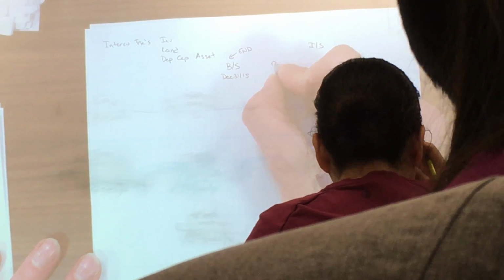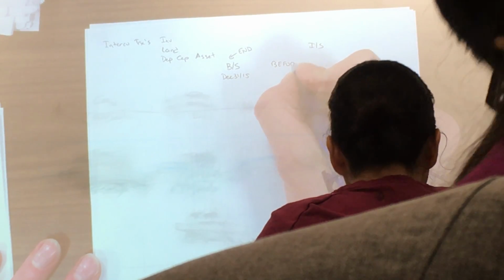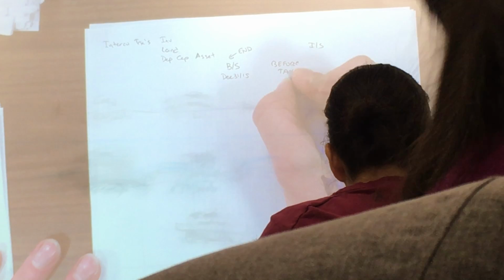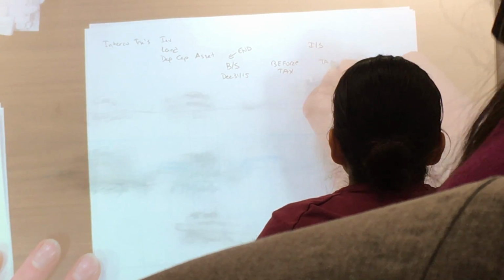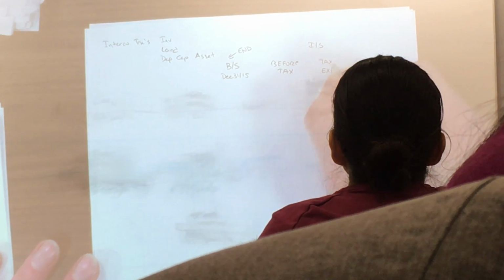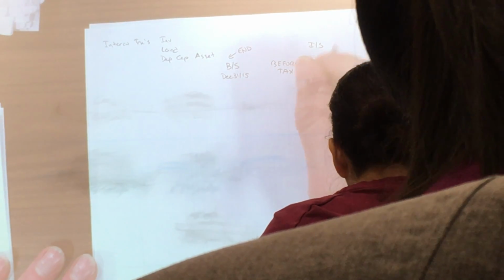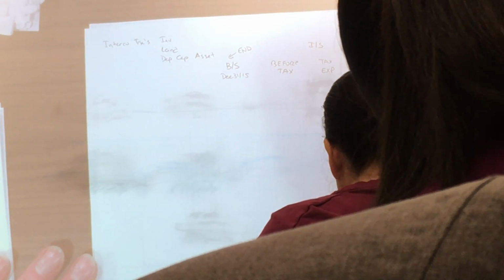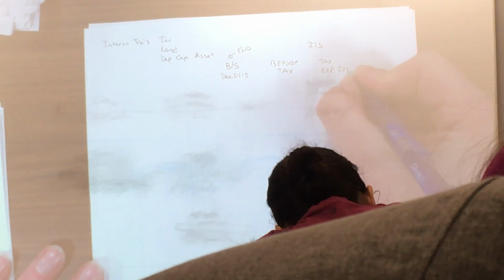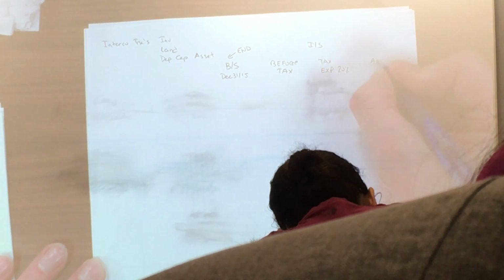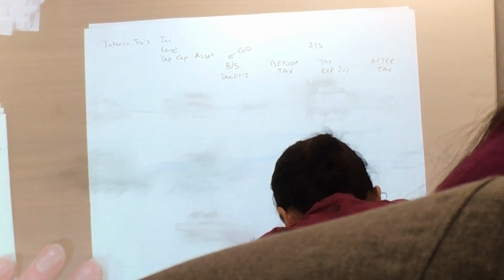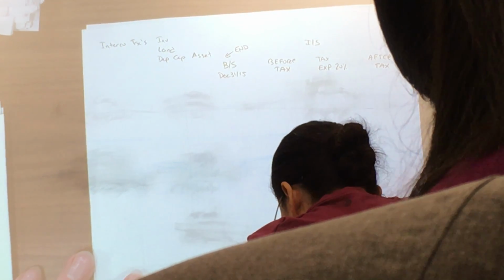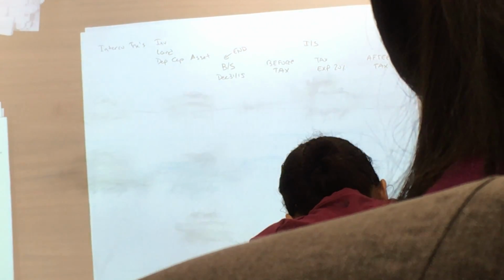We have the before tax, the tax expense, and is that 20%? Point number 6, guys? Is that right? Yeah, 20%. And then we have after tax. Okay, we'll do that.